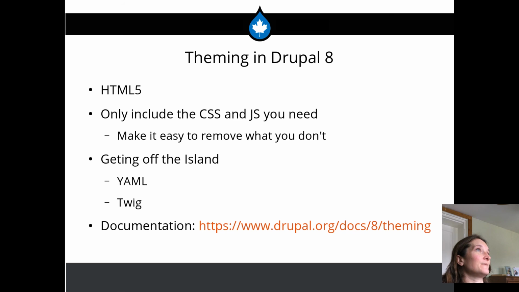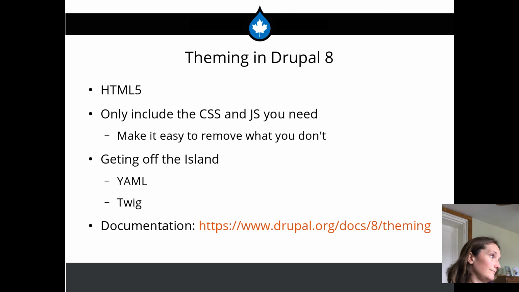And if you have experience with using third-party libraries, for example, you might have a really hard time trying to override, say, Colorbox, which is a common one. It loads all kinds of CSS, and if you want to change that, it can be difficult to do. So in Drupal, we want to make sure that we can, say, unset that Colorbox CSS library file. And we'll look at a couple more examples of that in a few minutes.